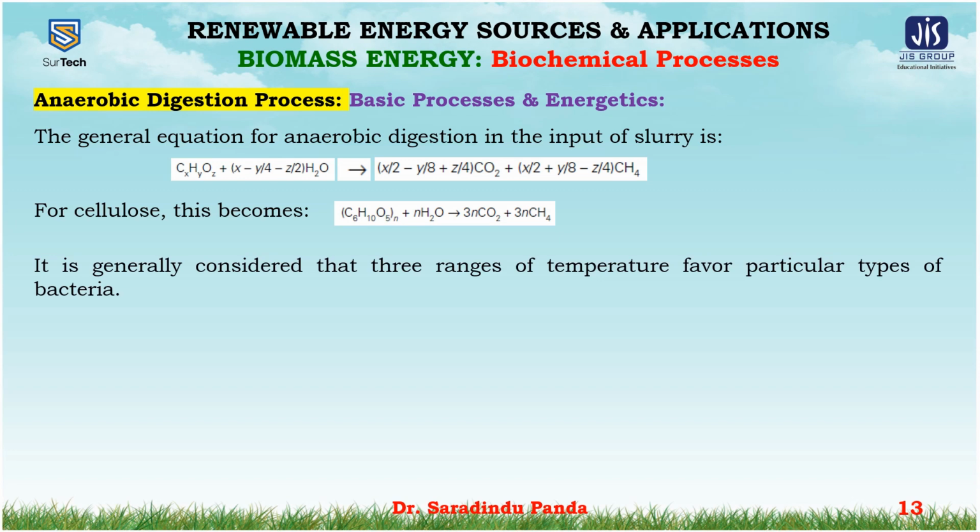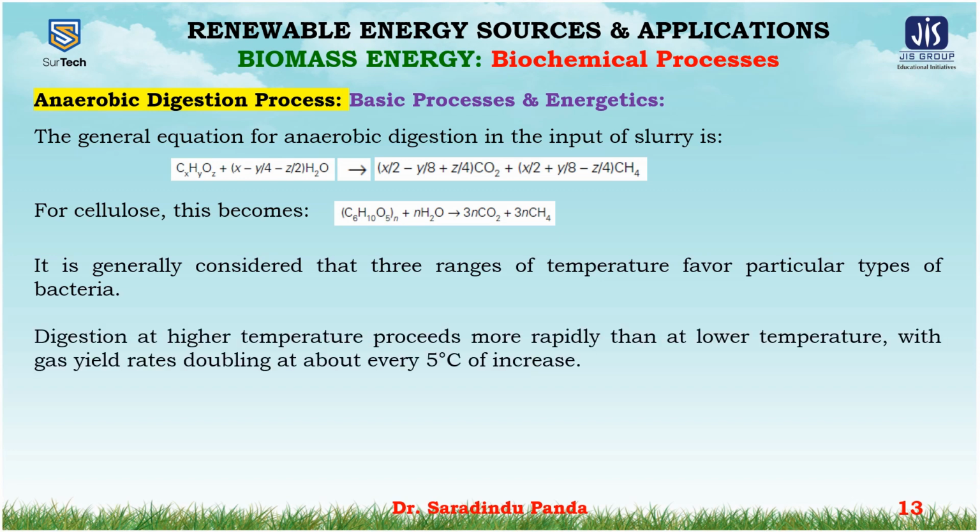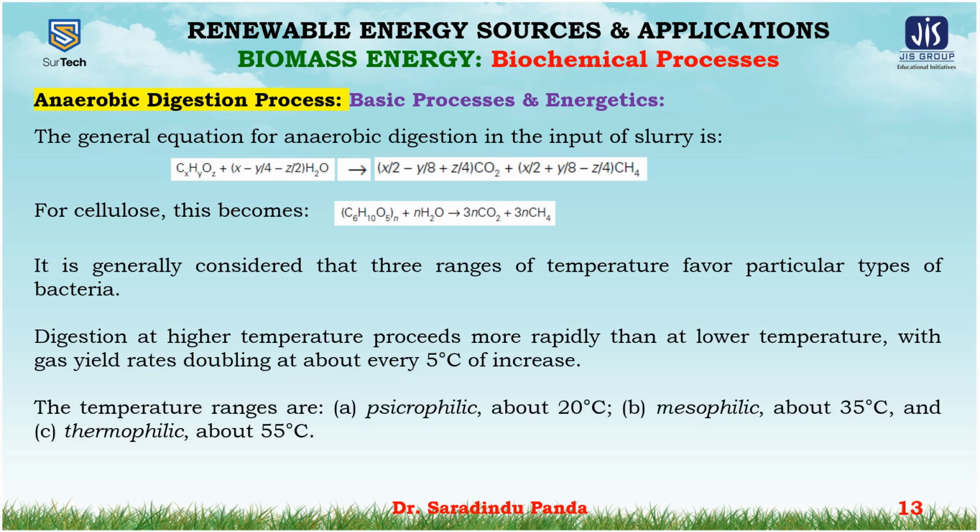It is generally considered that three ranges of temperature favor particular types of bacteria. Digestion at higher temperature proceeds more rapidly than at lower temperature, with gas yield rates doubling at about every 5 degree increase. The temperature ranges are psychrophilic about 20 degrees centigrade, mesophilic about 35 degrees centigrade, and thermophilic about 55 degrees centigrade.